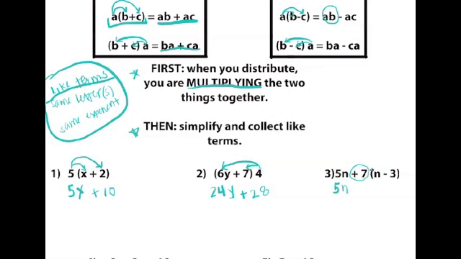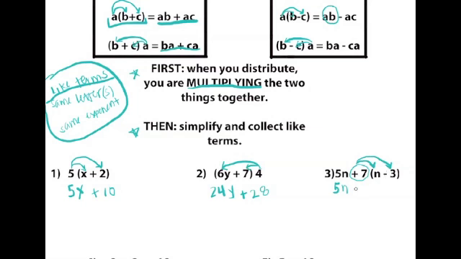But again, you're going to take the thing directly next to the parenthesis and the sign that's right in front of it, and it distributes like this. So I have a positive 7n and a positive 7 times 3.